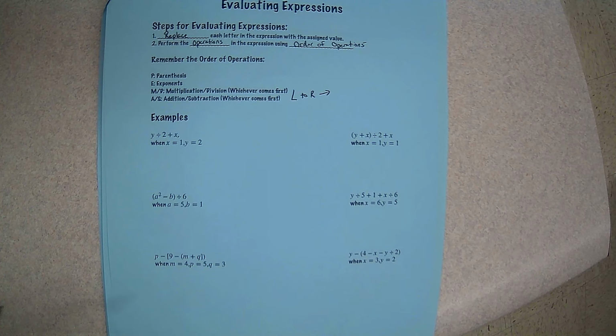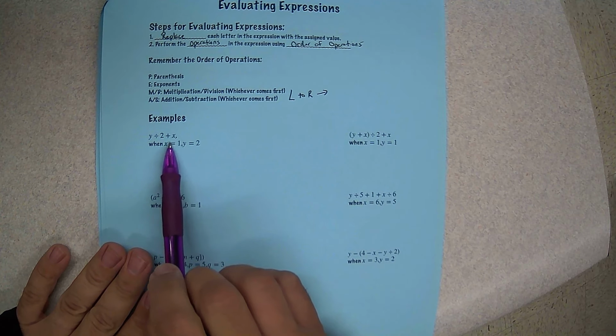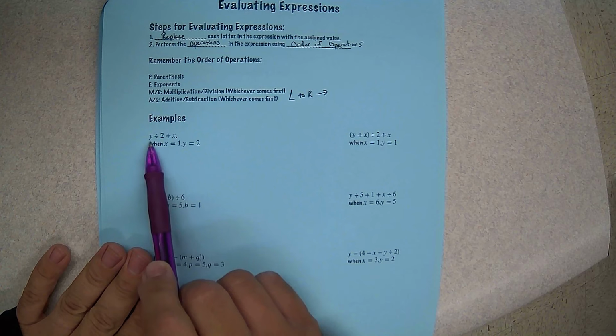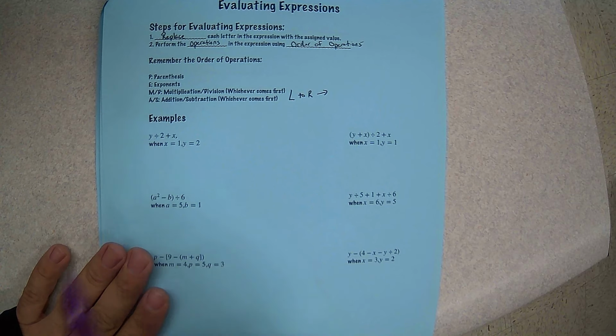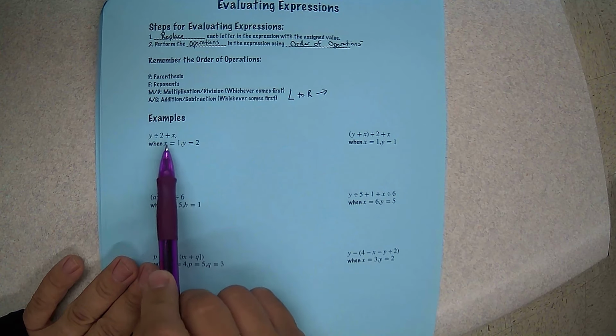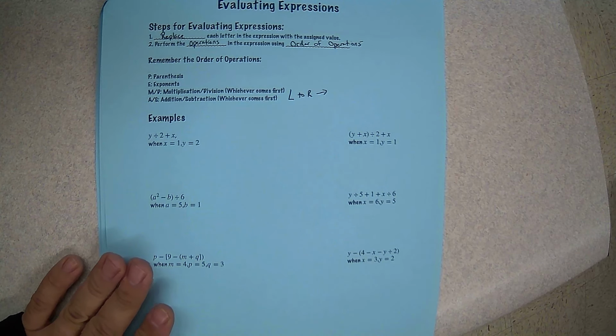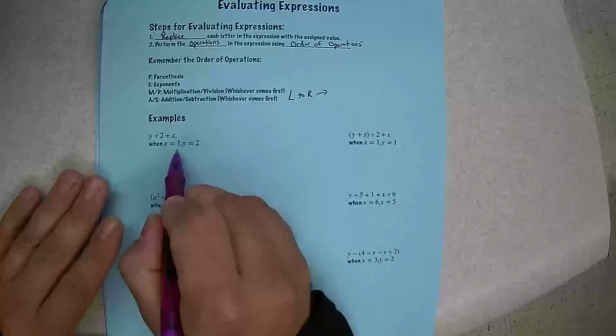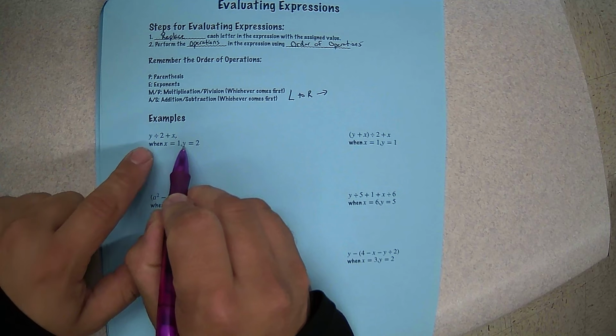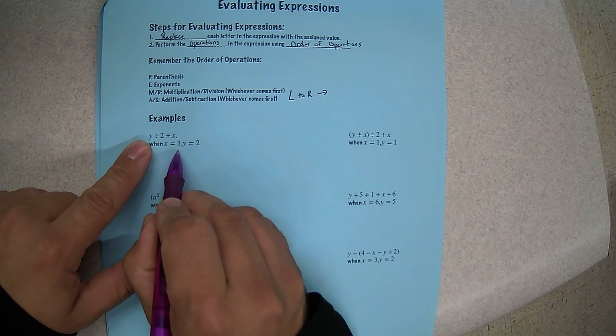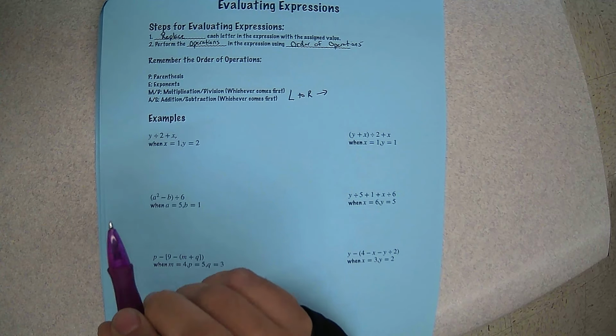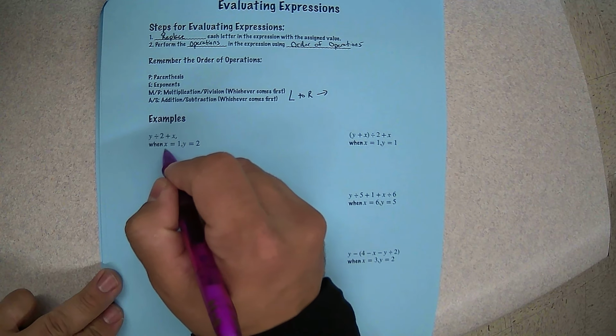Again, the first thing that we're going to do is replace the letters. So I am given y divided by 2 plus x when x is 1 and y is 2. All we do is anytime we see a y, we replace it with 2. Anytime we see an x, we replace it with 1. Let's get started with that then.